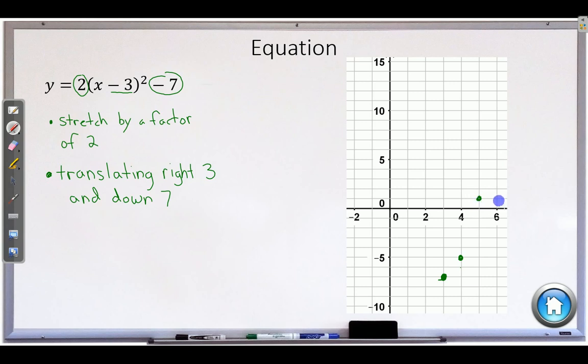And then over 1, instead of up 5, we would go up 10. So that would put us up at 11. And then you can just draw the partner points. There, there, and there. And we have our parabola.